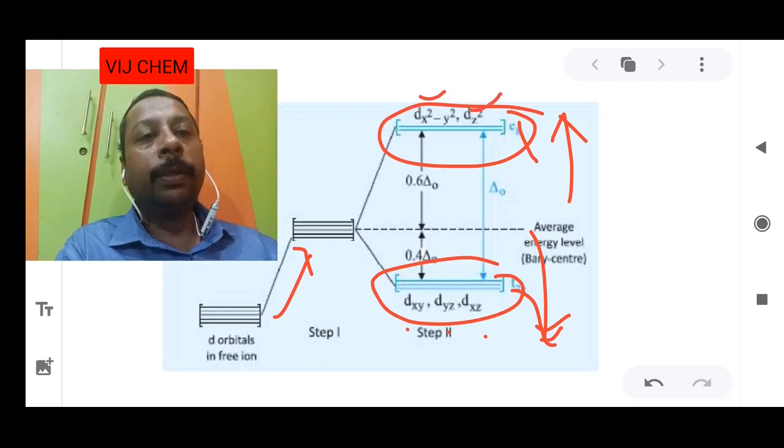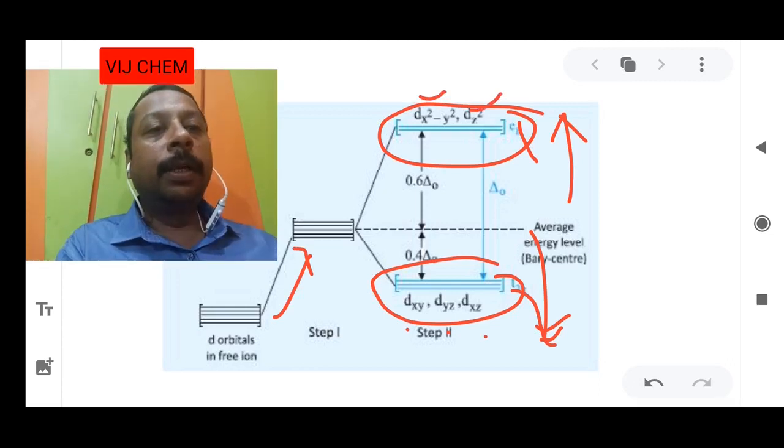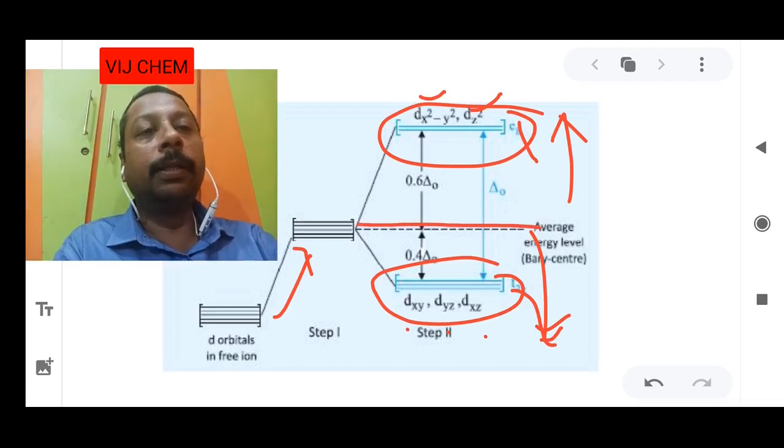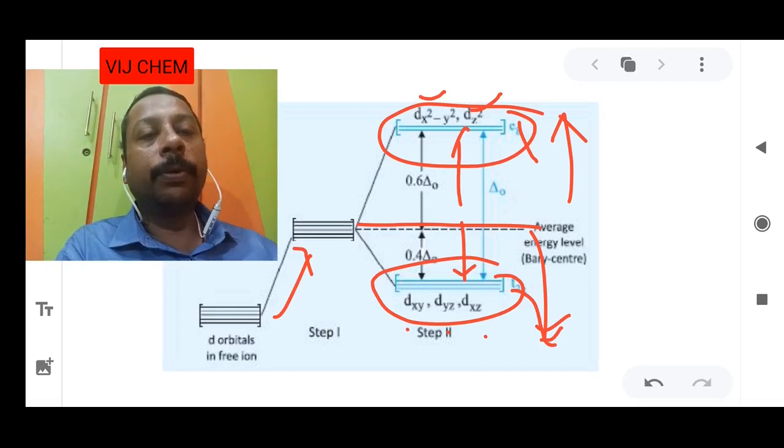Now people are asking, sir, why is the split not in proper symmetrical format? See here, this line is above, more. This line is below, less. Why? Because in total there are 5 orbitals, with 3 pushing them up and 2 pulling them down.